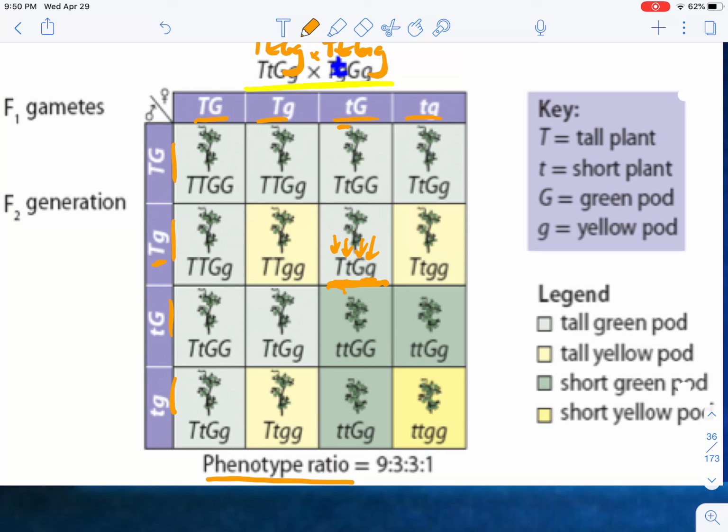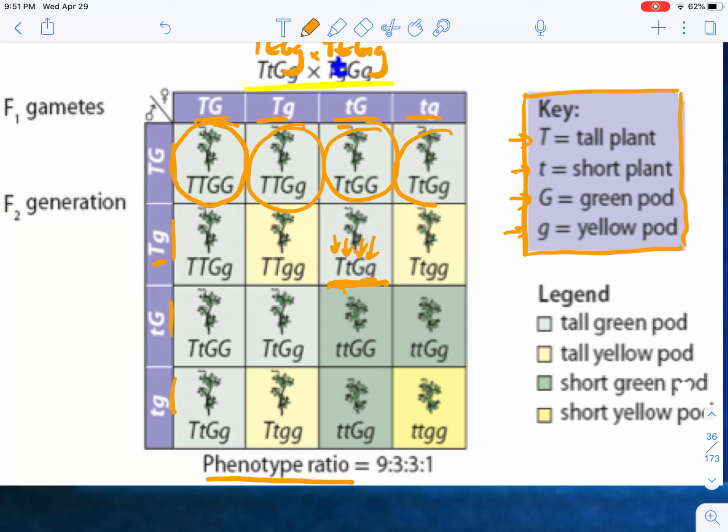So remember, you're just looking at the physical phenotypic ratio, physically what these babies would look like, remembering what the key or legend had to say. So tall is big T, green is the big G, short is the little t, yellow is the little g.